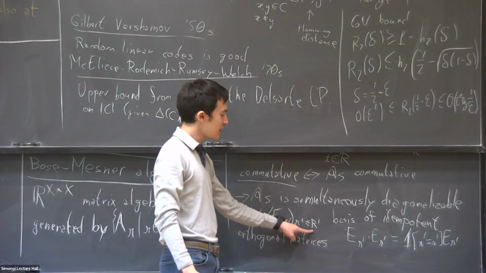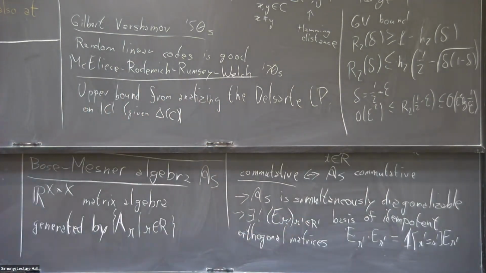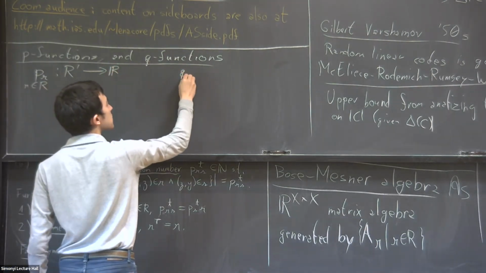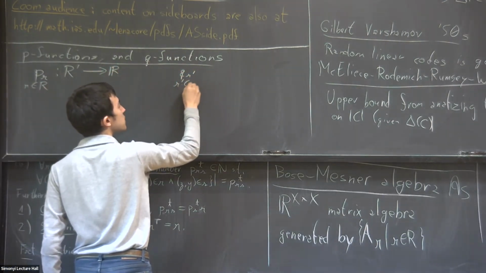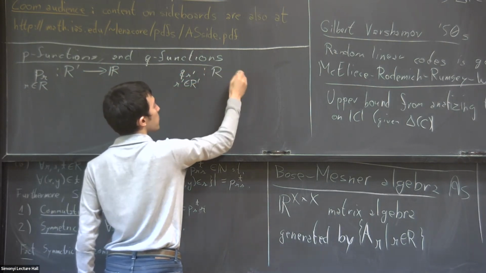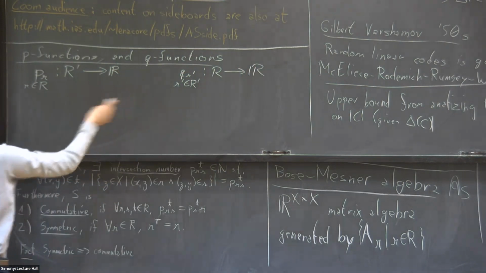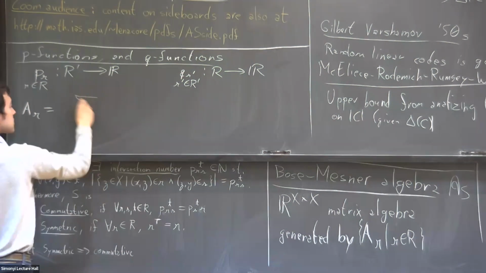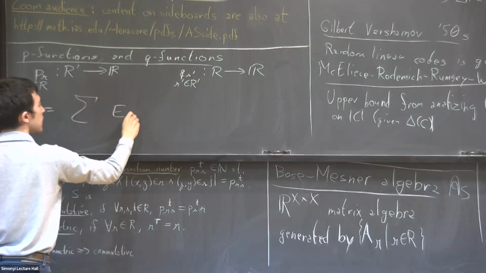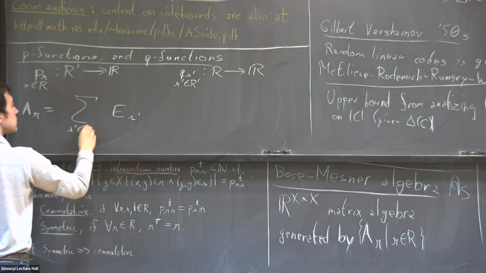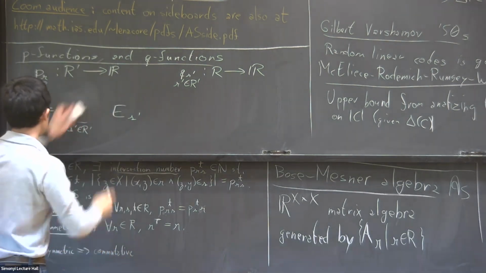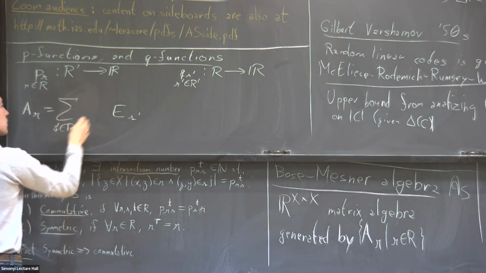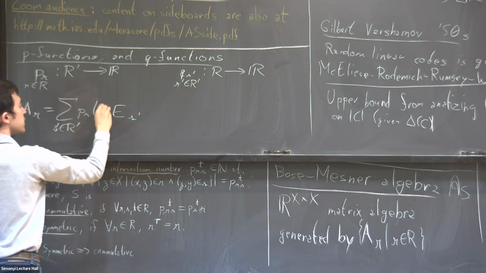It will really become a set of dual relations in a second, but these P functions go from these dual relations to real numbers, and the Q functions are the dual version of that. So they're indexed by dual relations, and they go from primal relations to real numbers, and they do the change of basis. So the P functions are responsible for saying, if you want to write A_R as a linear combination of the E_S primes, then you should use these P functions.